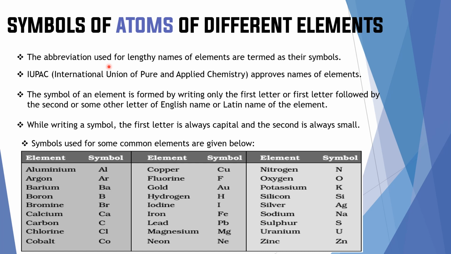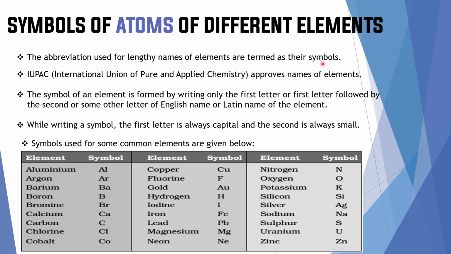Now let us see: the abbreviation, or short form, used for lengthy names of elements is termed as their symbol.